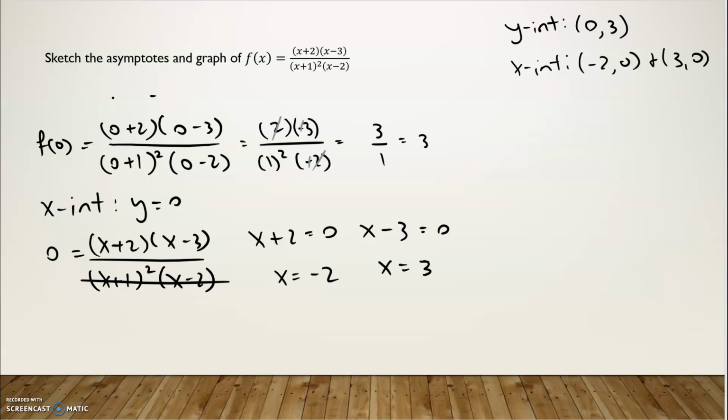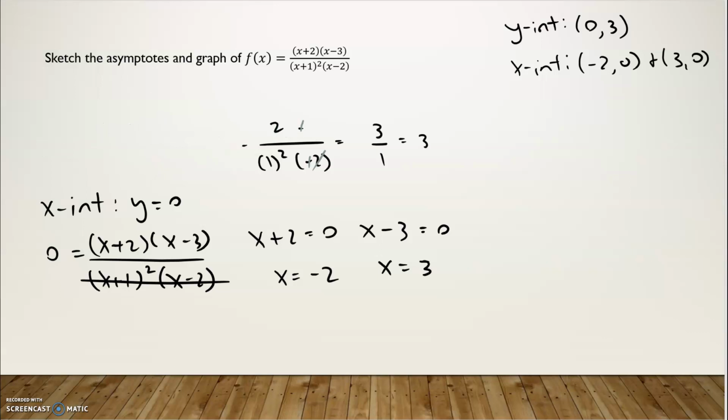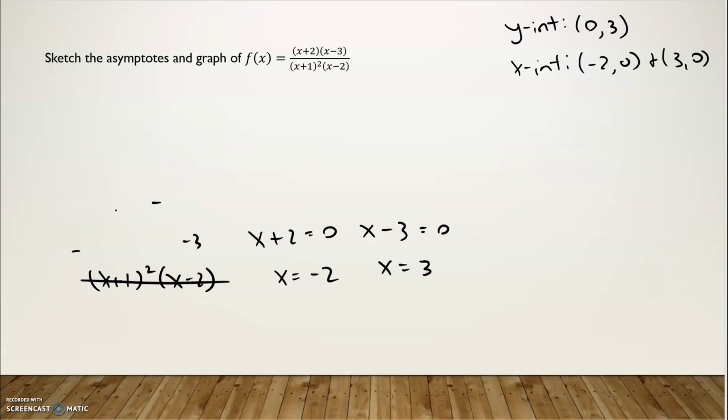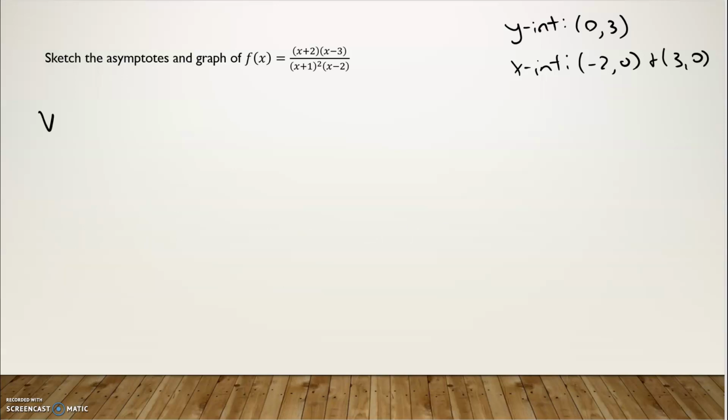And then let's find the horizontal asymptotes. We'll go ahead and find the vertical asymptotes first. Okay, vertical asymptotes, let's see, can I cancel anything out? Doesn't look like it. So I'm going to set the bottom equal to 0 and then separate them out.